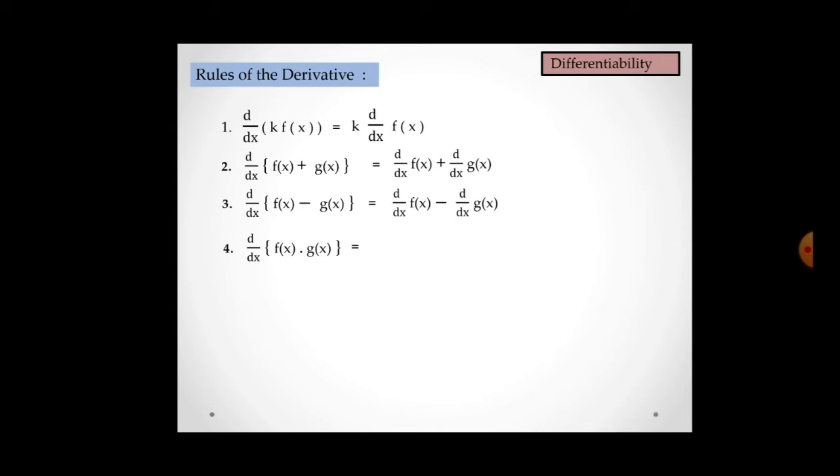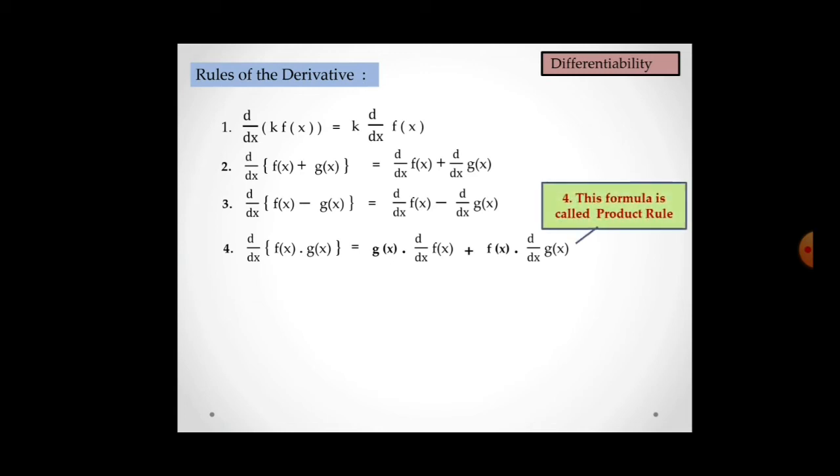The derivative of the product of two functions is given by g of x into d by dx of f of x plus f of x into d by dx of g of x. It is very simple: keep one function, g, as it is and differentiate the first one; then keep the first one as it is and differentiate the second one. This formula is called the product rule.